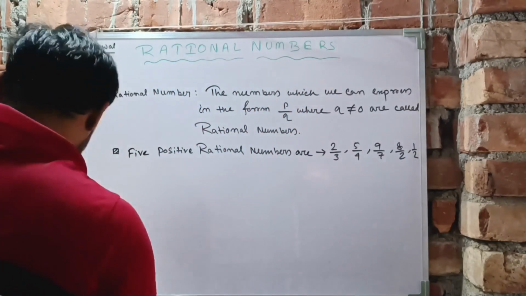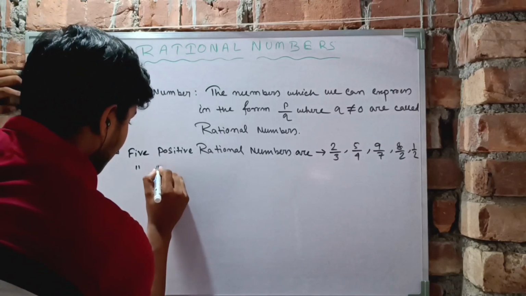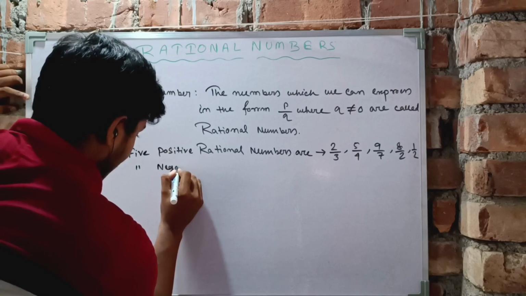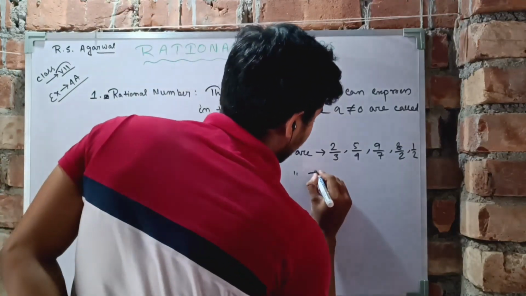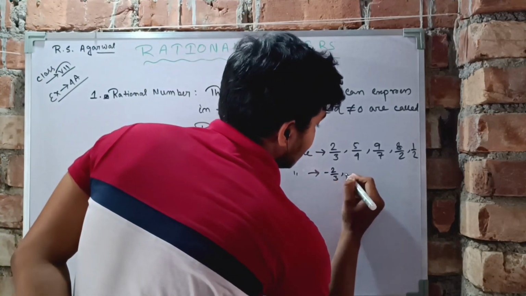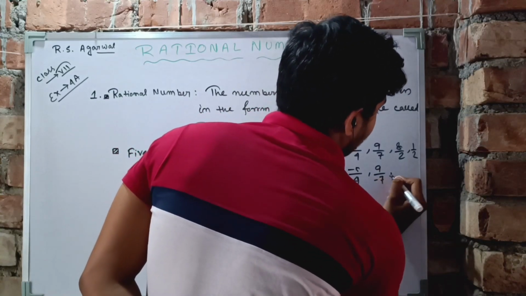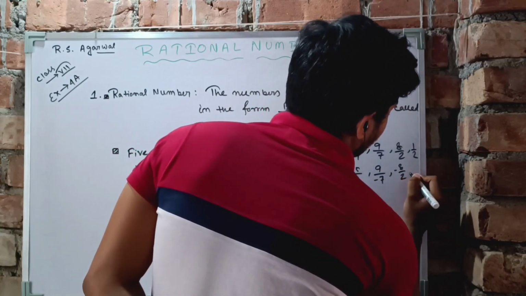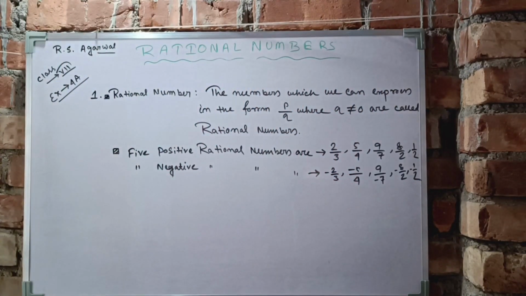Done. Now the second question, give examples of 5 negative rational numbers. Just put a minus sign before these: -2 by 3, -5 by 4, 9 by -7, -8 by 2, -half. Simple.